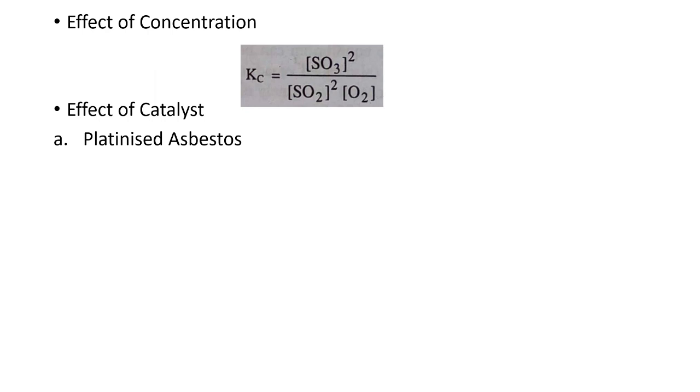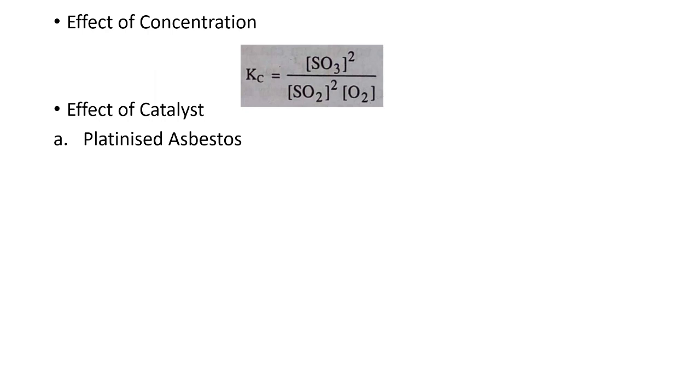So that is the effect of concentration. Next is catalyst. Just now I discussed how a catalyst works. A catalyst does not take part in the reaction, but it provides a favorable environment. Here the problem is that the reactants are gases, so in the gaseous state, the fruitful collisions are fewer.